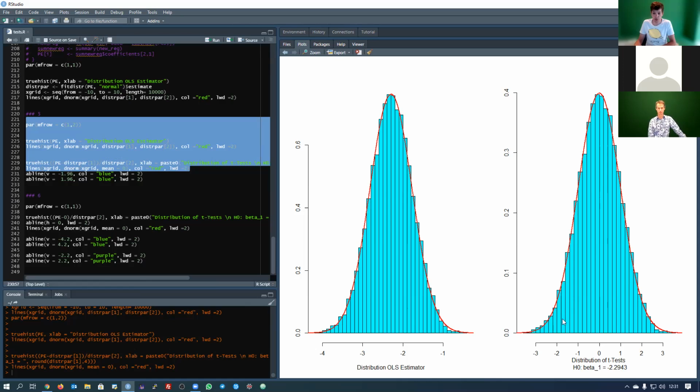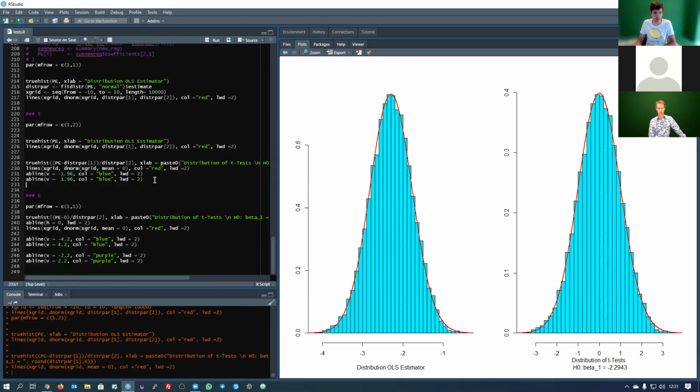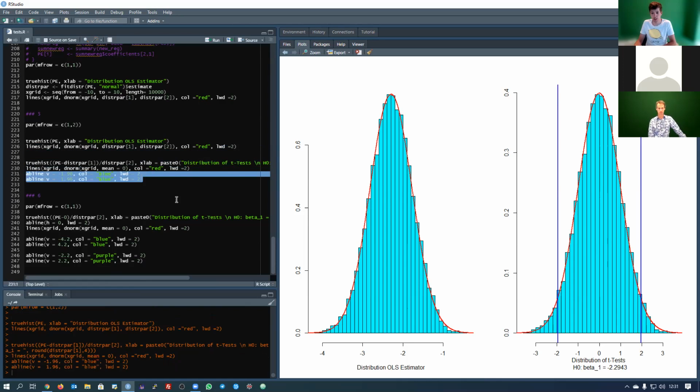Now the left 2.5 and right 2.5% of the standard normal distribution are exactly everything left of minus 1.96 and right of plus 1.96, which is the reason why we have this 1.96 as a critical value.